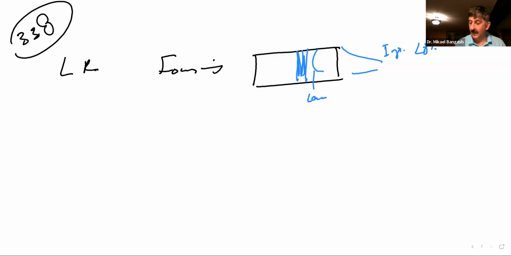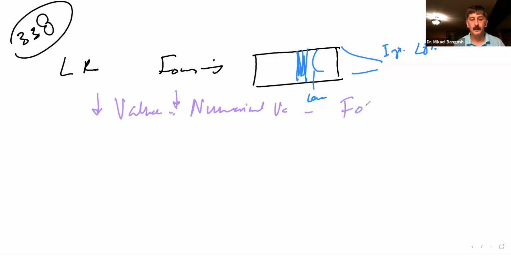What they mean by value here is the numerical value. So how do we reduce the numerical value? Enable the beam to focus. The only mechanism mentioned here that will actually help us focus is the lens.